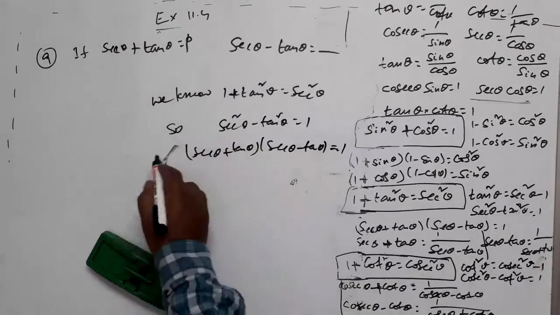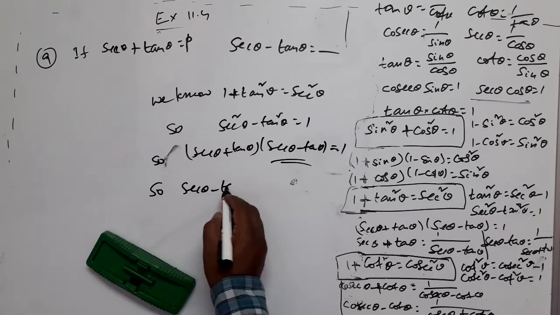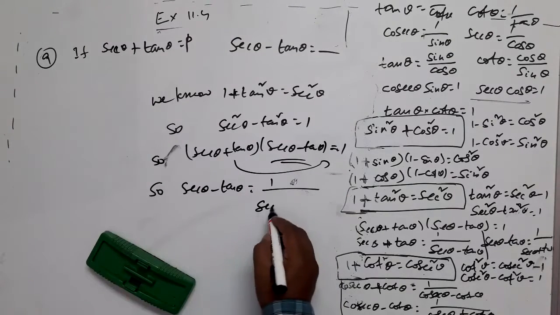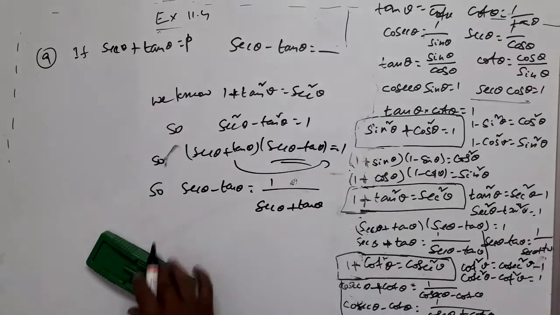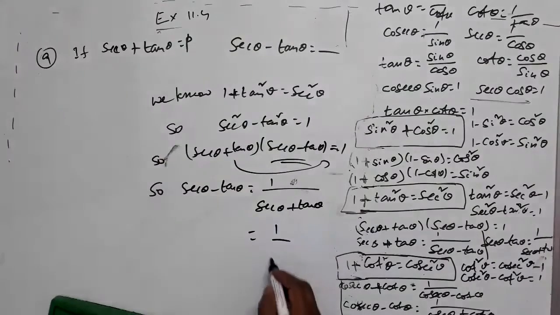So this expression can be written by taking this to the other side, dividing both sides by the term: 1 by secant theta plus tan theta. That's all. This is 1 by p.